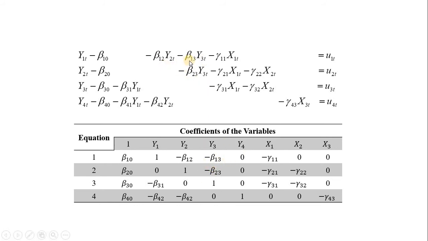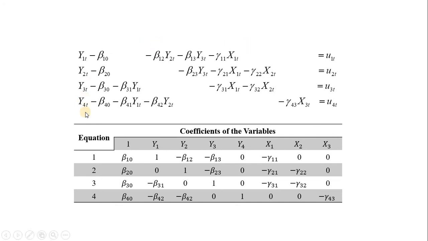Then y4 is not here, so y4 is excluded from this equation, but it is included in some other equation. You got the point? So the y4 parameter will be 0. Then x1 has gamma 11, x2 is excluded from this equation, and x3 is also excluded.